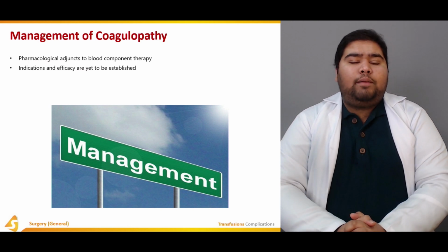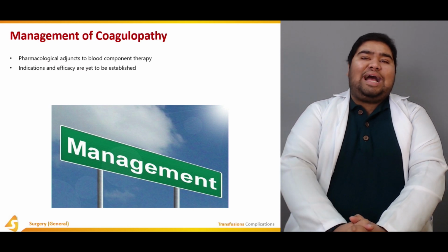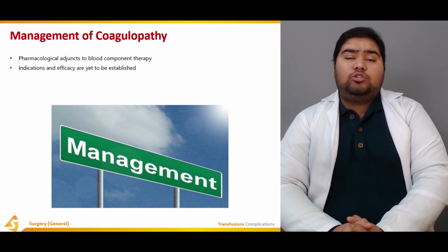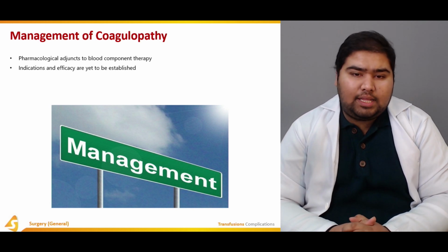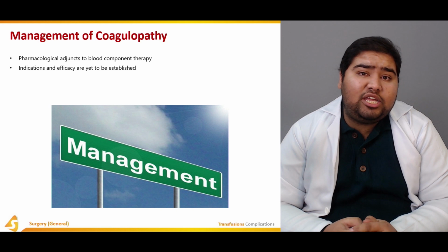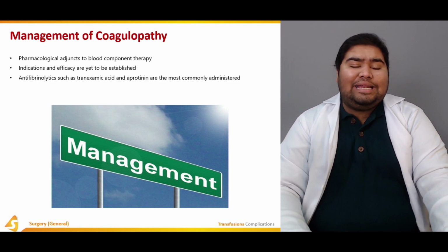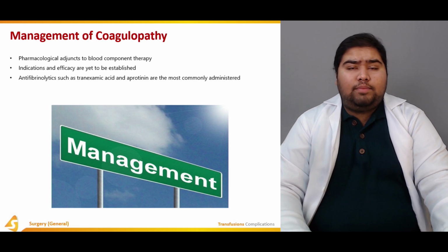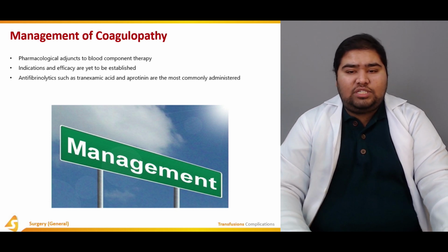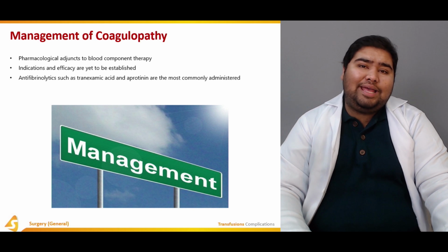Now, moving on, there are pharmacological adjuncts that can be added to the blood component therapy. The indications and efficacy are yet to be established, so they are not very popular. The antifibrinolytics such as tranexamic acid and aprotinin are commonly used and administered.